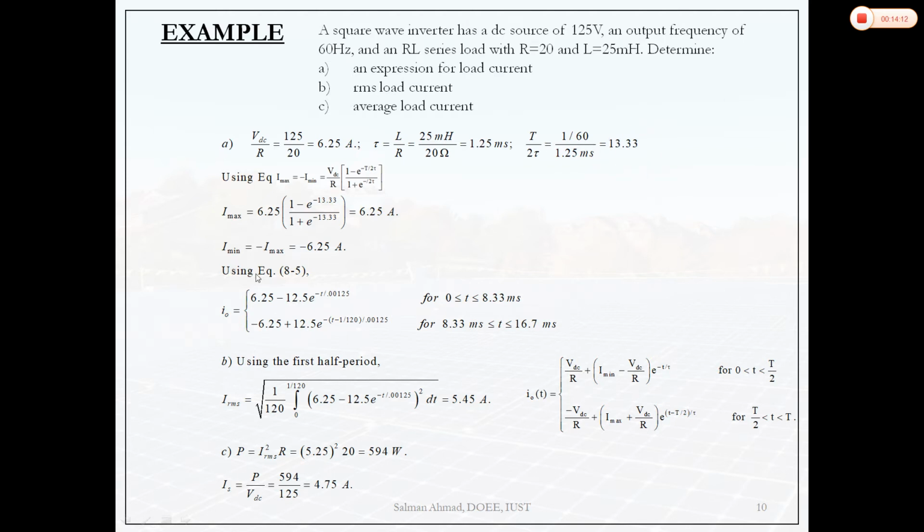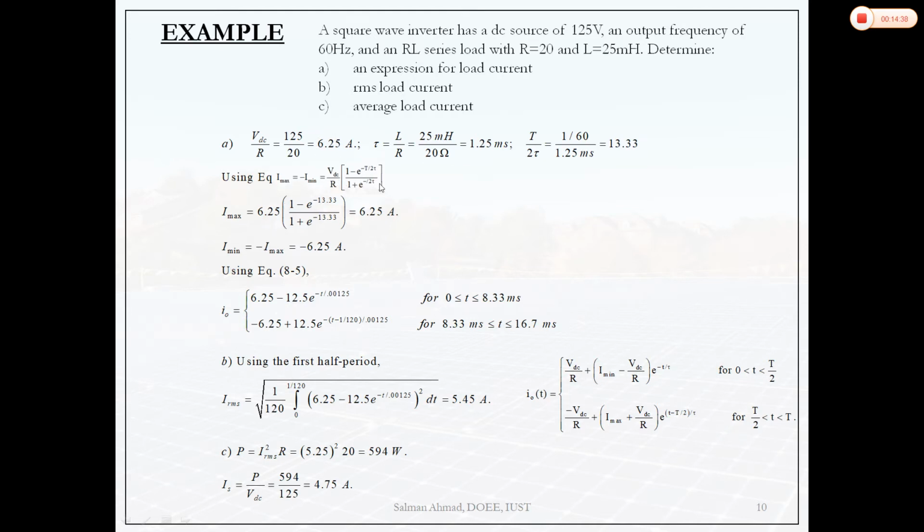If we use this expression, I max is equal to minus I min, VDC upon R times (1 minus e to the power minus T upon 2 tau) upon (1 plus e to the power minus T upon 2 tau). If you substitute the values here, I max will be nothing but VDC upon R, 6.25.